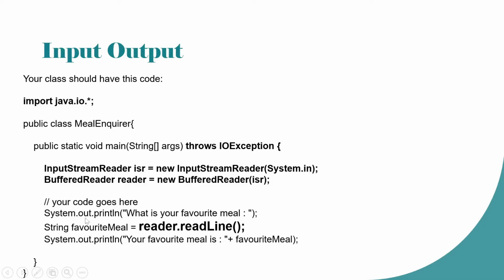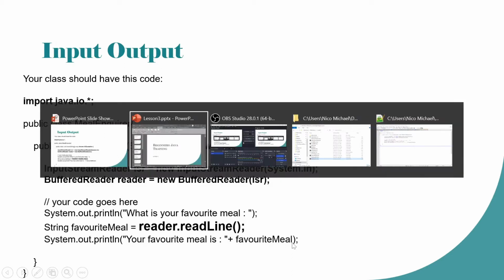You would say System.out.println, and here you prompt the user, what is your favorite meal? And then, as we had in the previous slide, your String favoriteMeal equals reader.readLine. And when the user typed something and pressed enter, that would go into this variable and you could then display it in this line. Let's go and have a look at this in code.